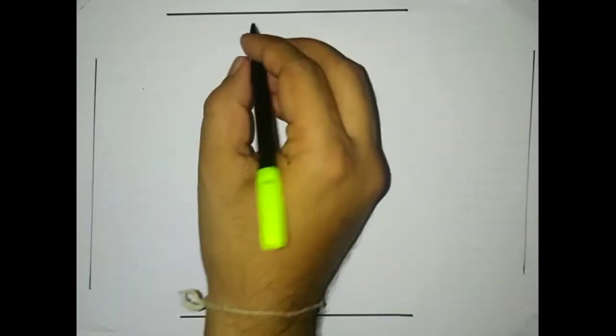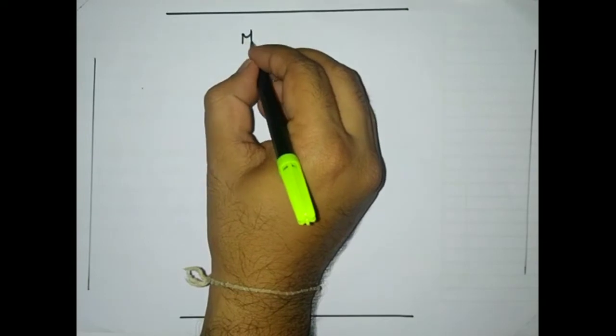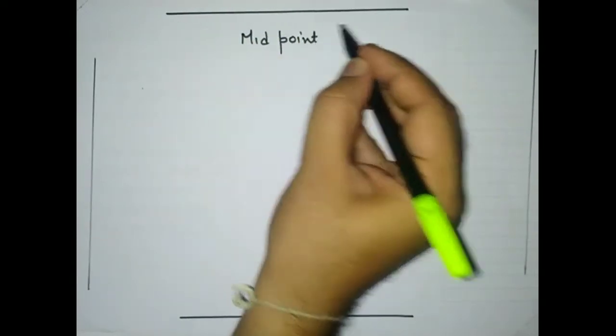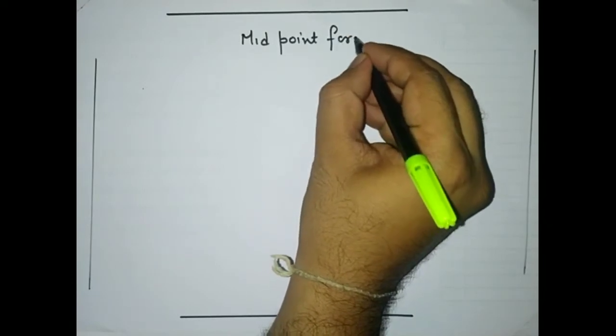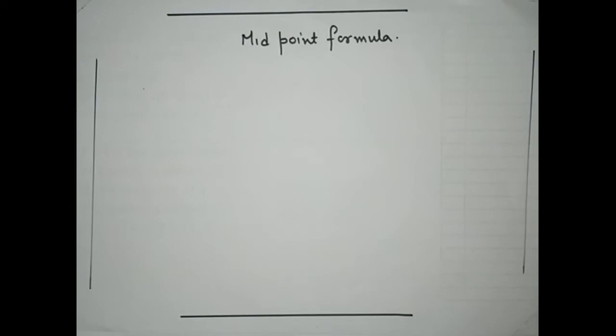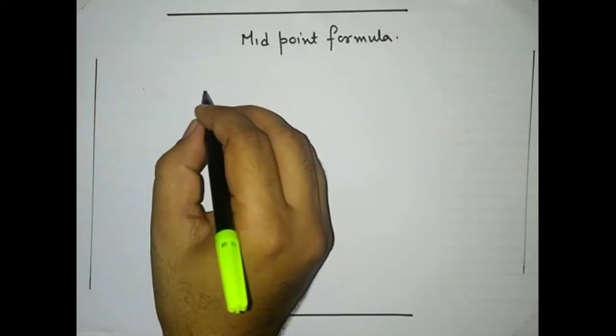Good morning, students. Today we are going to derive the midpoint formula as a special case of the section formula. As the name says, it is a way to find the midpoint coordinates directly.